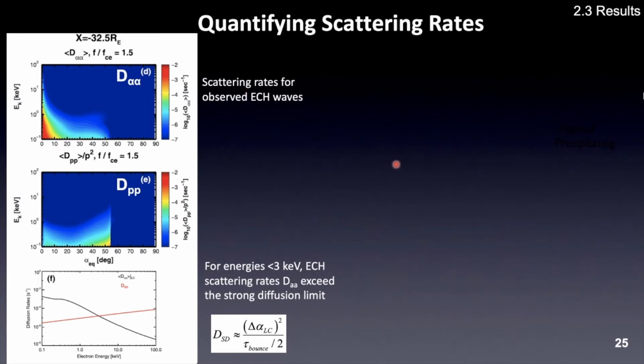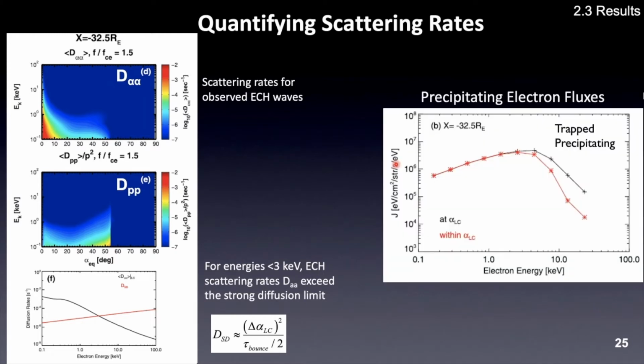From this diffusion rate, we can model the precipitating electron flux directly using our quasi-linear diffusion theory. The red line is one example of our model, the precipitating electron flux as a function of energy, depending on the realistic wave properties.